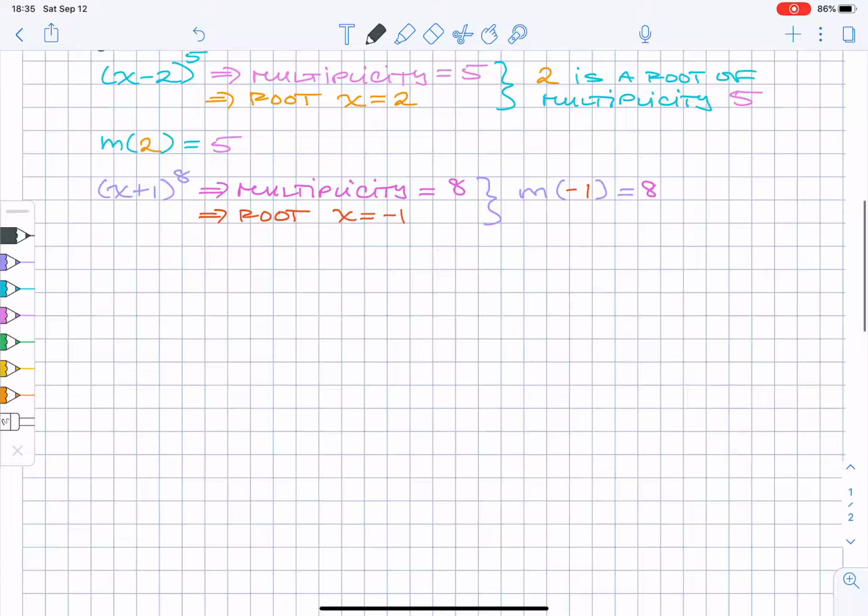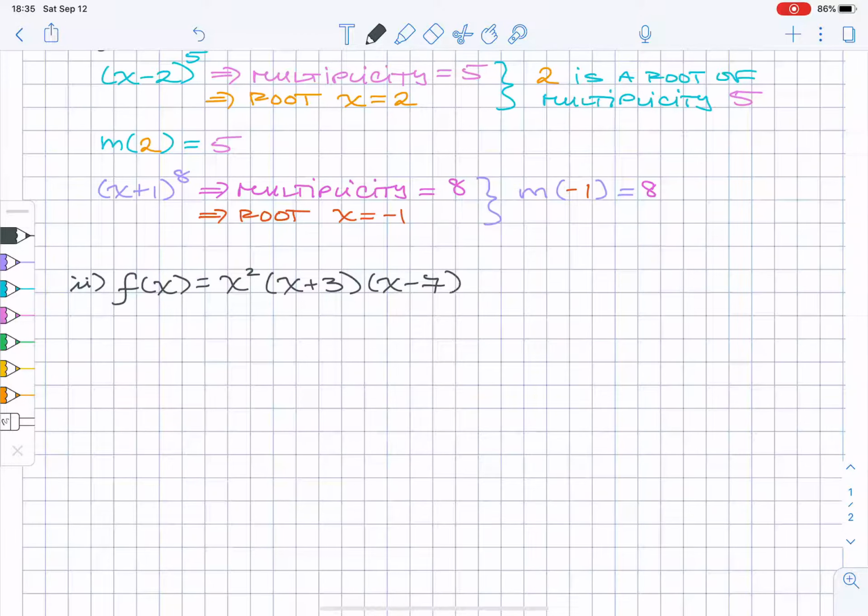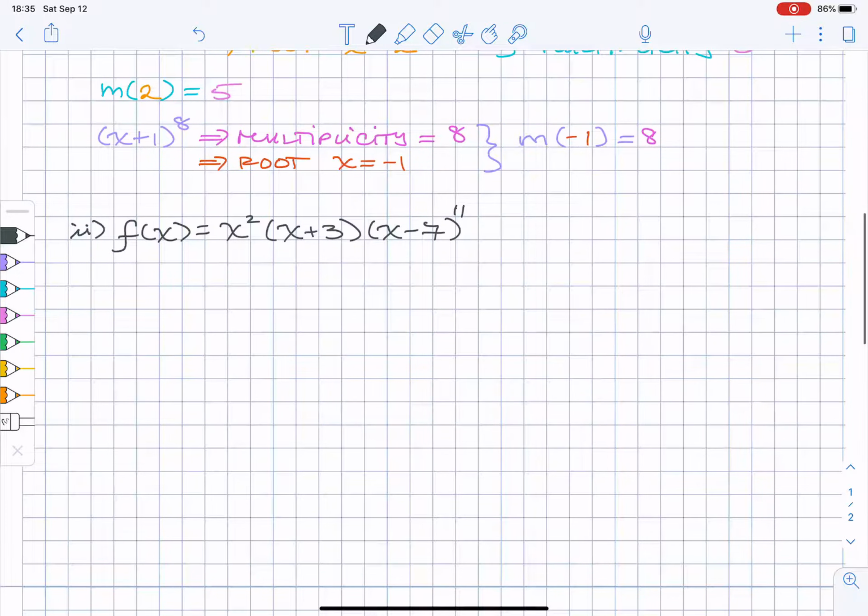Okay, so number 2, let's say we have that f of x is equal to x squared times x plus 3 times x minus 7 to the 11th. Okay, so now we actually have 3 factors. So x squared is a factor.